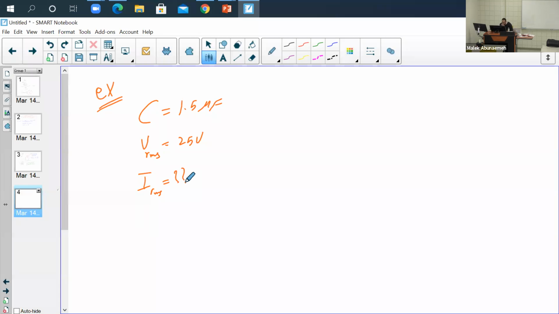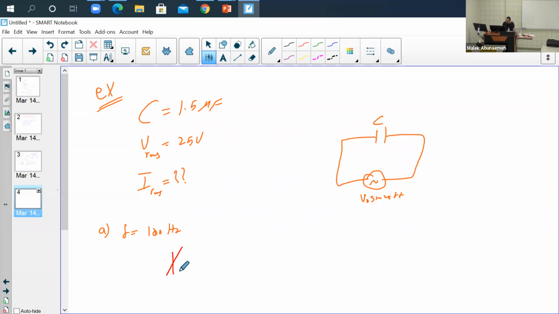So we have a circuit. Let's draw it with a capacitor of 1.5 microfarads, and there's going to be again V naught sine 2 pi f t, which is your VRMS, and you're looking for your current. Now, let's say your frequency was 100 hertz.